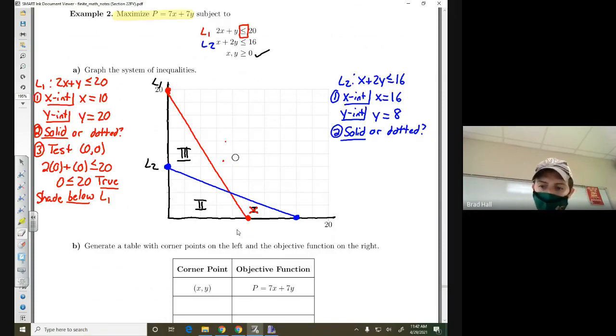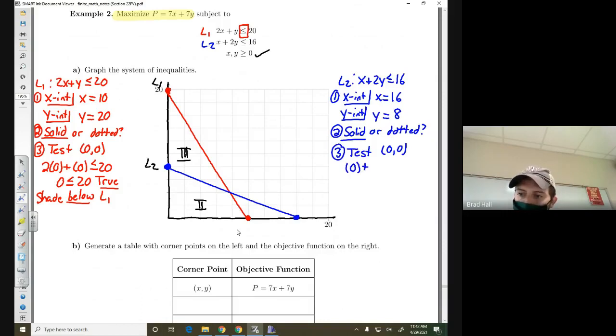So we're down to regions 2 and 3. To narrow it down to the final region, we test 0, 0 again.